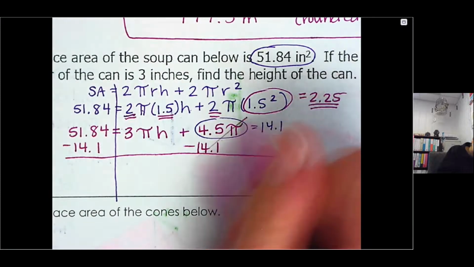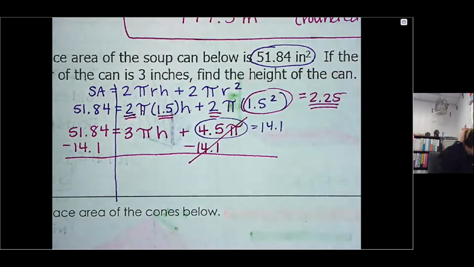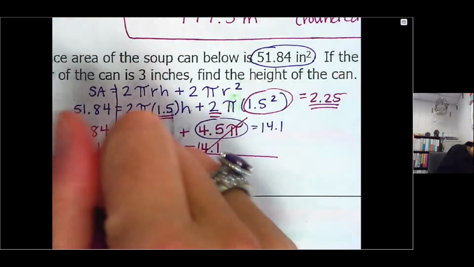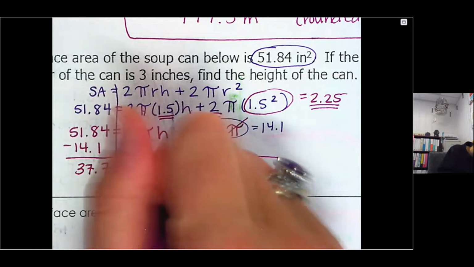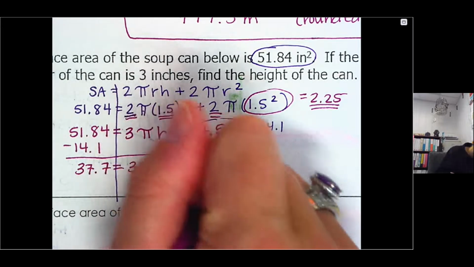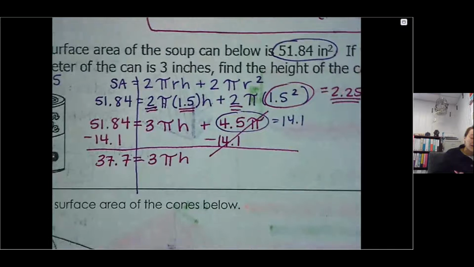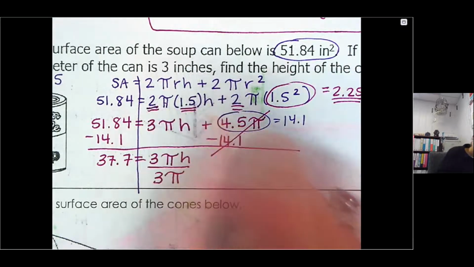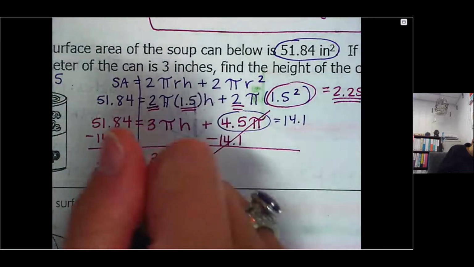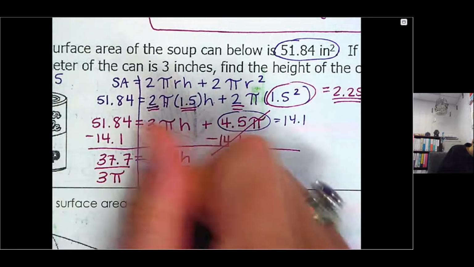So that cancels these out. And if I subtract on the left, I get 37.7 equals 3 pi h. And then my final step is get h by itself. So I'm going to divide by 3 and by pi.